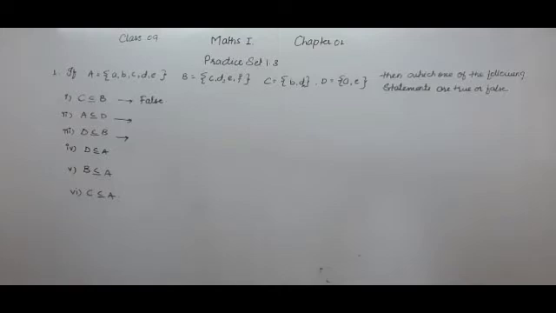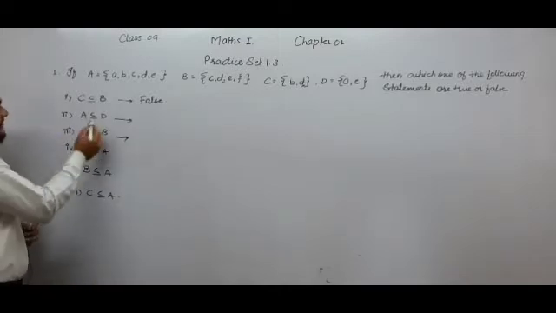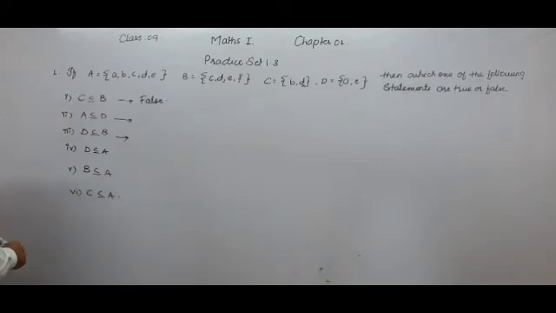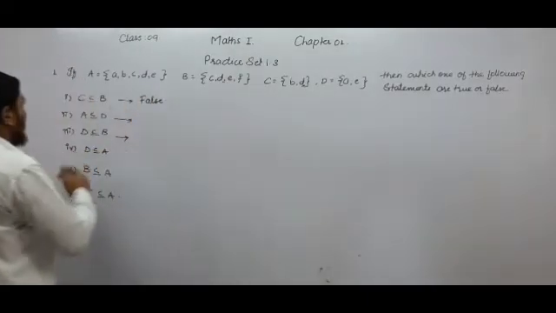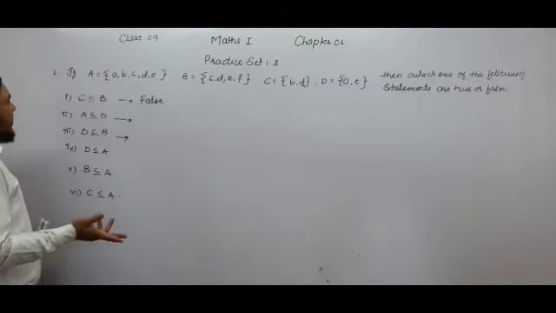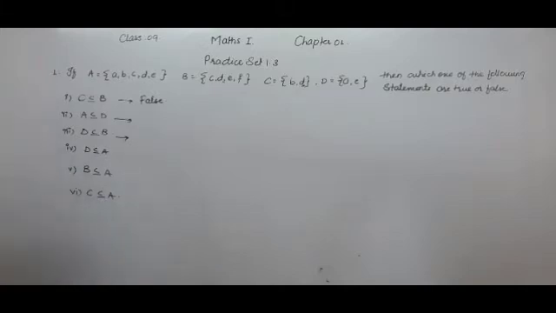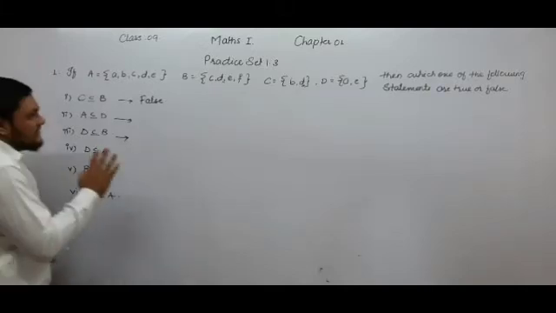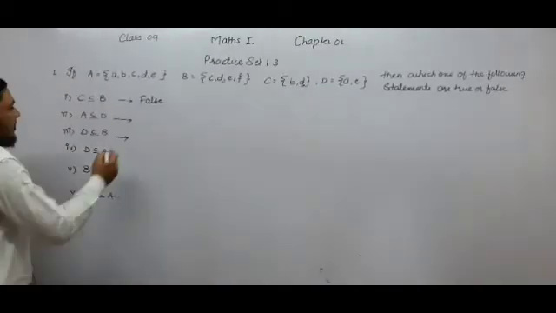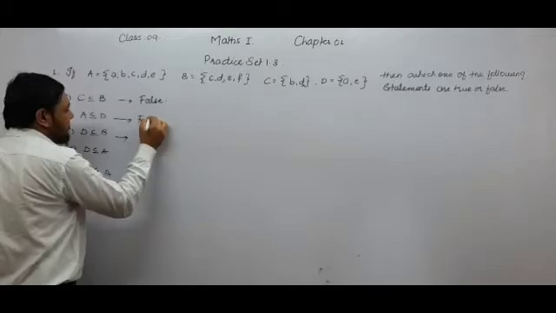Students, the second statement is A is the subset of D. So observe set A and set D. We can say that D is the subset of A, but A is not the subset of D. Why? Because D contains only the two elements A and E, and there are five elements in set A. So this statement is also false.